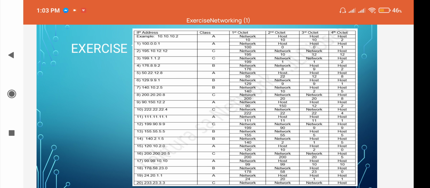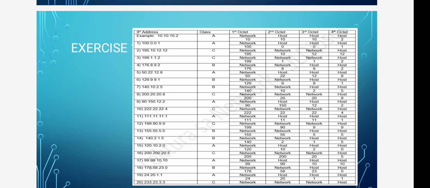In here, we are defining the class of 1 to 20 IP addresses, and we are getting the network parts and host parts of the IP addresses.